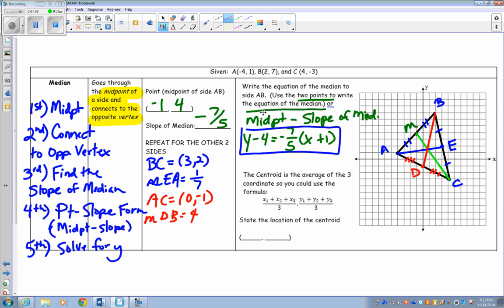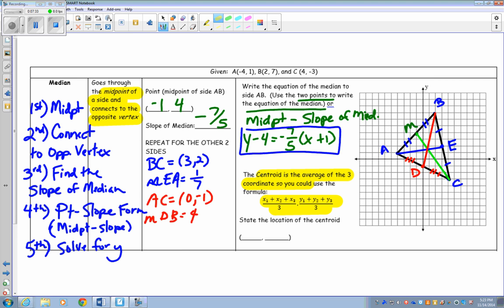Now, to find the centroid, this is going to be some new information. We have a formula that we can use to find the centroid. The centroid is the average of the 3 coordinates. You can use the formula that I'm giving you here. Instead of using a system of equations, you can take the average of the 3 coordinates.